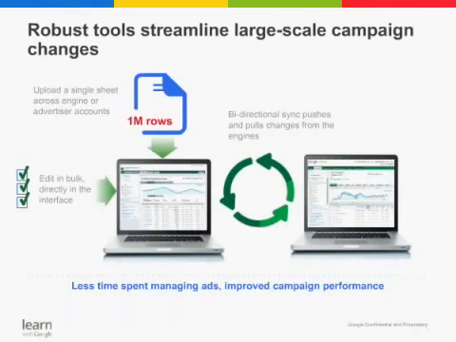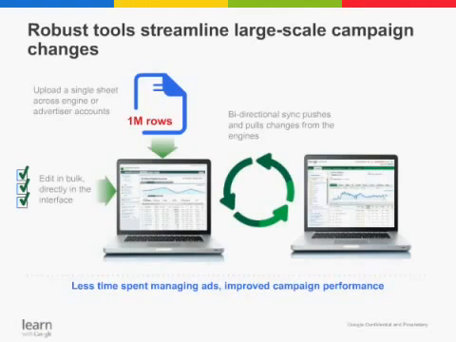So you'll see on this slide the rotating arrows, which indicates DoubleClick Search's bidirectional syncing capability. This means that we can push changes out to the engine as well as pull changes in. In DoubleClick Search, you have 3 options to set up and manage your campaigns using bidirectional syncing.